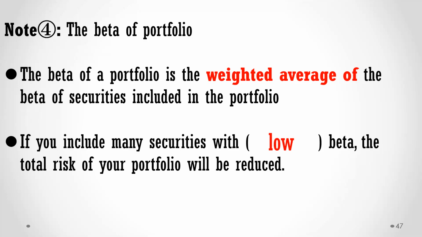More specifically, it depends on the beta of the assets included in the portfolio. If you include many securities with low betas, then the total risk of your portfolio will be reduced. So total risk means the total systematic risk.